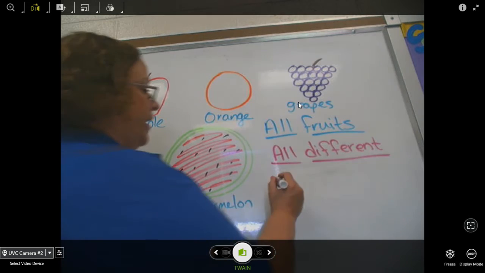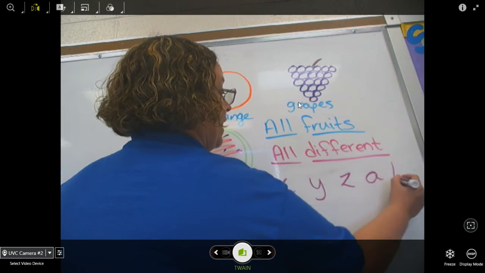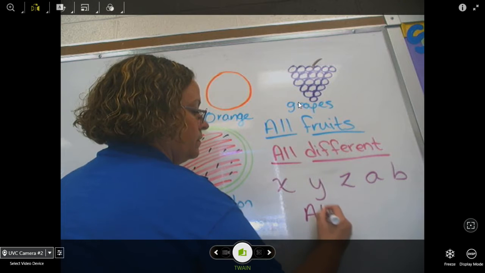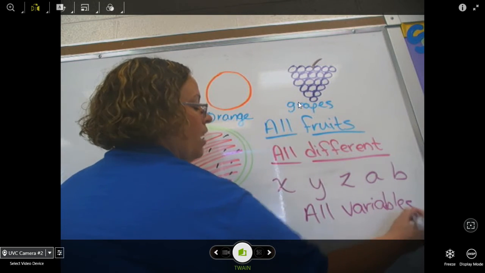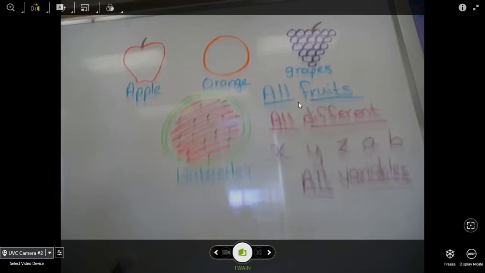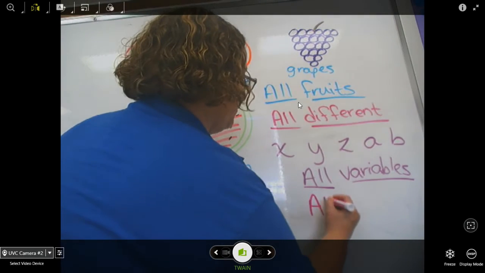So if I put an X and a Y and a Z and an A and a B up here, these are all variables, right? They're all variables, but are they all the same? No, they're all different.